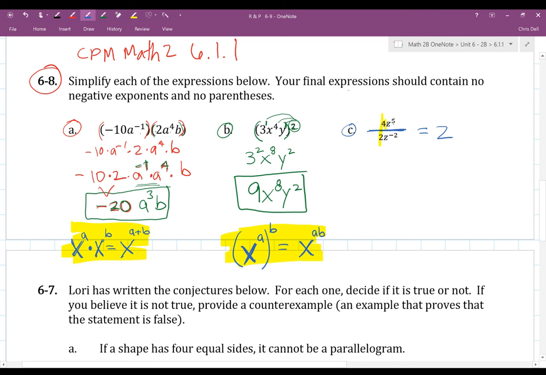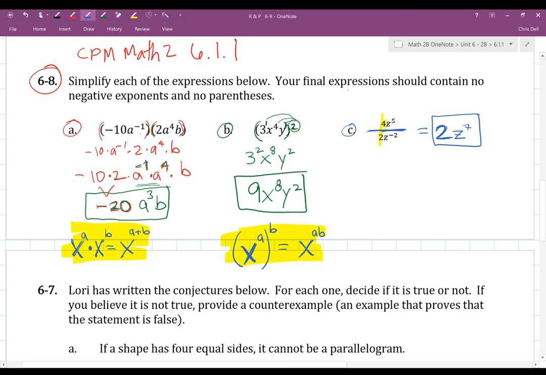And then z to the fifth divided by z to the negative 2 becomes z to the 7th. So there's my simplified answer.